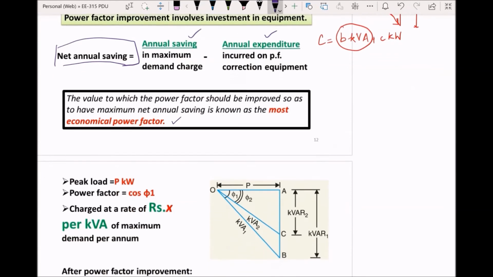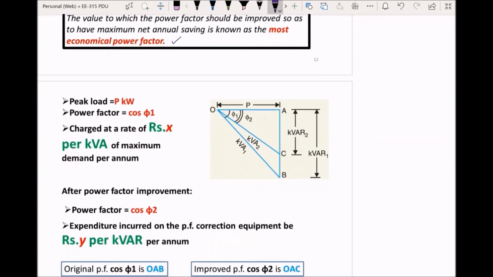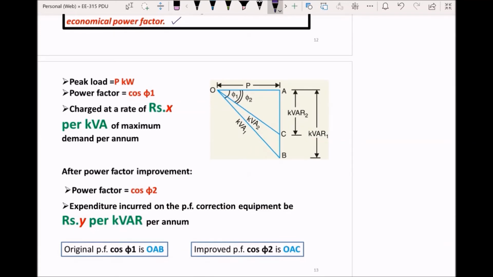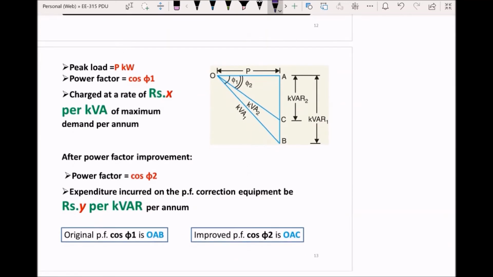Now to calculate the most economical power factor for a system, it usually consists of two parts. Let us assume that a consumer is taking a peak load of P kilowatt at a power factor of angle phi 1, or power factor cos phi 1, and is charged at a rate of rupees X per kVA of maximum demand per annum.